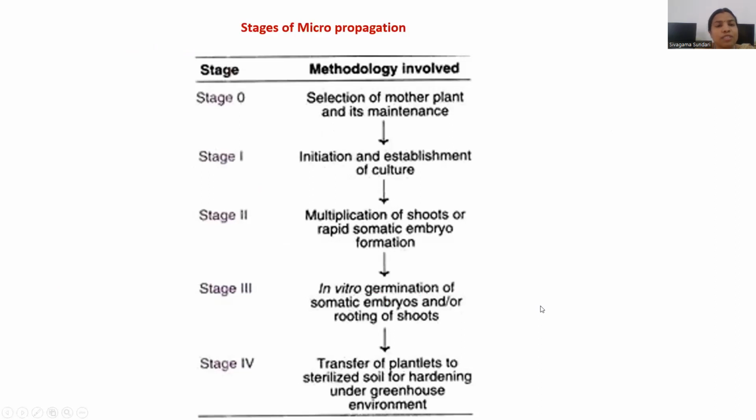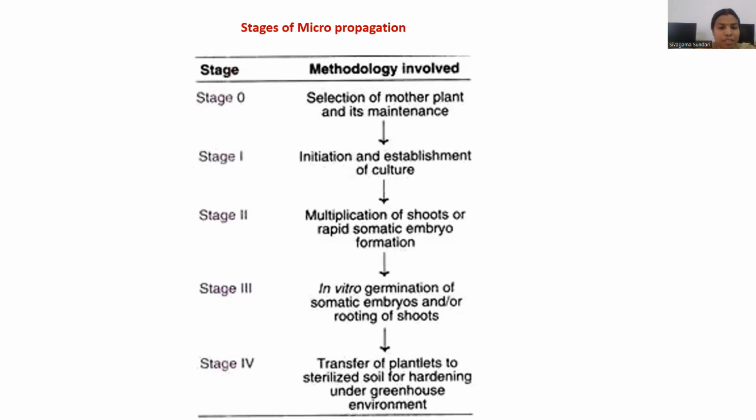So moving on to the stages of micropropagation. We have 5 stages. Stage 0, selection of the mother plant and its maintenance. To take the explant, the mother plant in stage 0, you have to select a 15-day-old sapling and grow it under greenhouse conditions. Stage 1, you take the explant and start the initiation and establishment of culture.